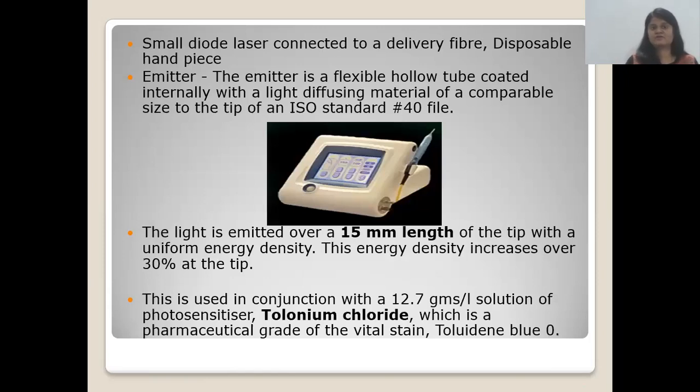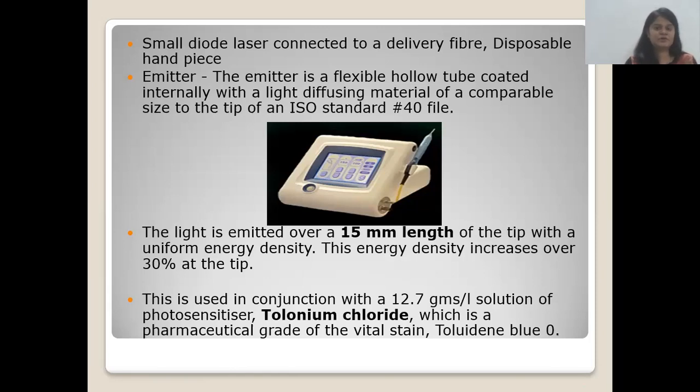This instrument includes a small diode laser which is connected to a delivery fiber, which is a disposable handpiece. The emitter consists of a flexible hollow tube coated internally with a light diffusing material of a size comparable to a tip, which is compatible with ISO standard number 45.